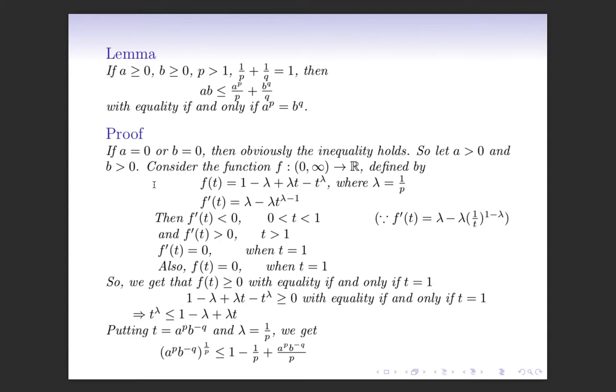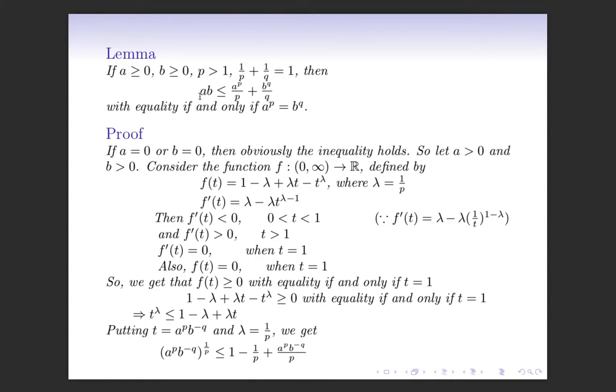Now we consider a function f from the set of positive real numbers to the set of real numbers defined by f(t) = 1 - λ + λt - t^λ, where λ = 1/p.